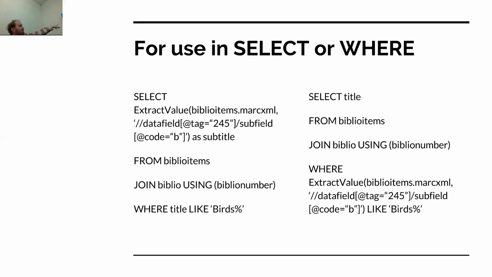We're connected from the biblio items to the biblio, and we're filtering on the title like birds %, right? But ultimately what we're pulling back is the subtitle. On the right-hand side, on the other hand, we're selecting the title, so we are grabbing that title database field, but we're filtering on subtitles that start with birds. Does that make sense? So you can both use MARC fields to filter, or you can return MARC fields.